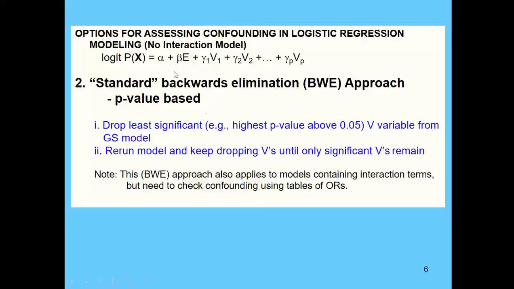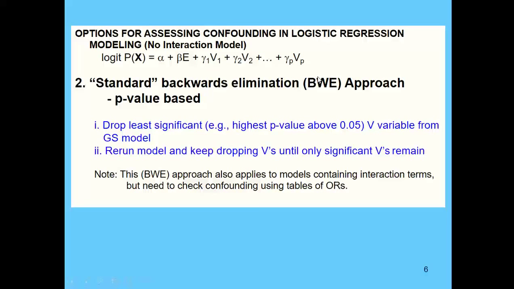Now suppose, for example, instead of having three V variables or C variables that you wanted to control for, say you have several of them, and I'm saying suppose you have P V's, P could be 10. Okay, what does this approach say?